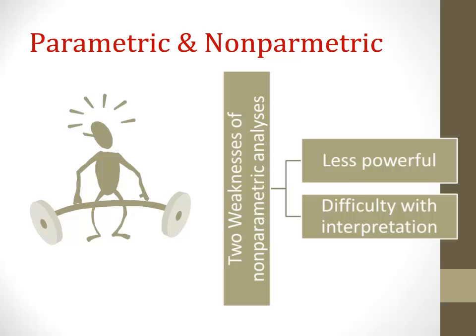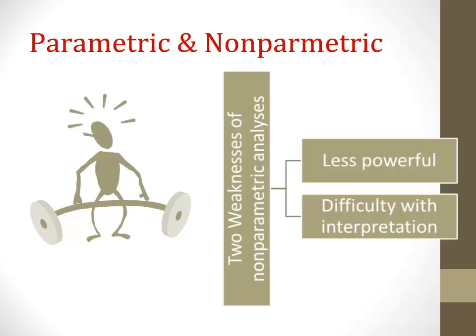Well, although non-parametric procedures have very desirable properties, such as making fewer assumptions about the distribution of measurement in the population from which we draw the sample, there are some drawbacks, and there are two major drawbacks. The first is that non-parametric analyses or procedures generally have less statistical power than their alternative parametric procedures.